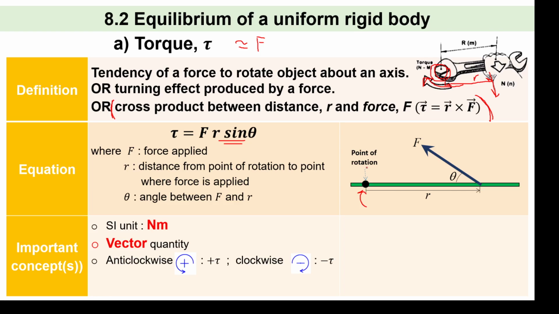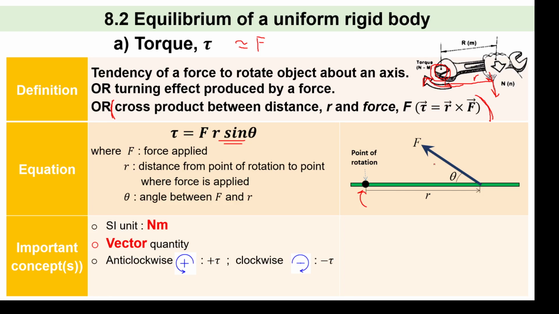The quick way to imagine this is a door. If you push the door, you would always push it further from the pivot point. If you try to push the door near the hinge, opposite to the doorknob, you can't push it because it's near the pivot point. The pivot point is the point that cannot move.